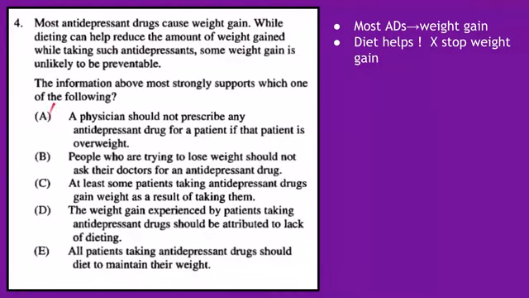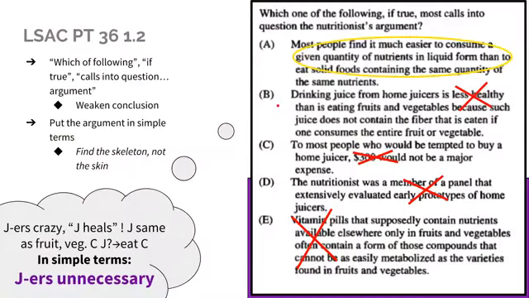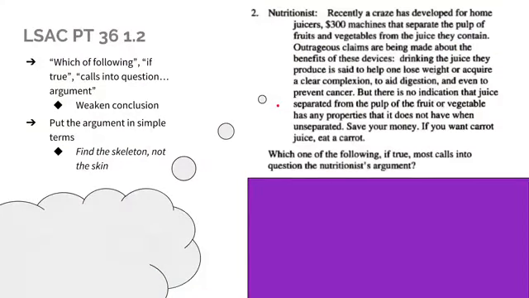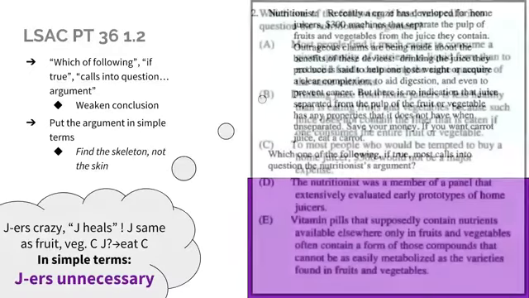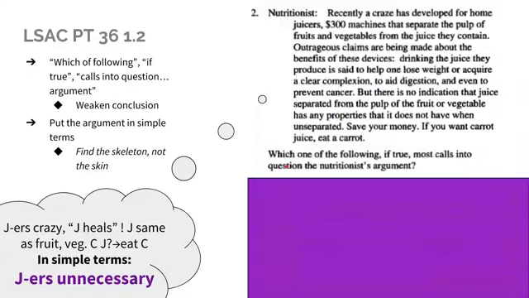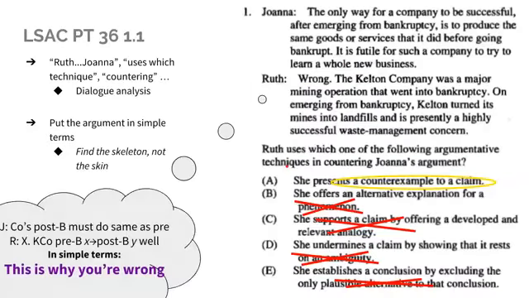A, a physician should not prescribe any antidepressant drug for a patient if that patient is overweight. As maybe you saw this word in the earlier slide, let's see, can we go all the way back? We saw, where is it? This one, only, we talked about.